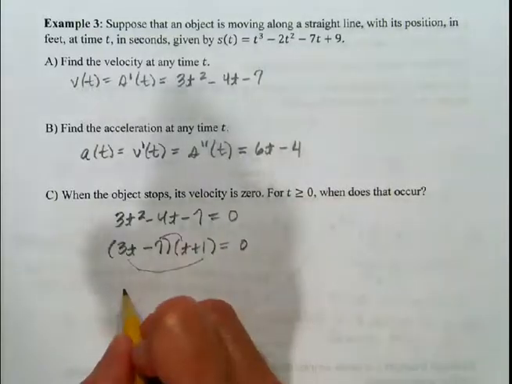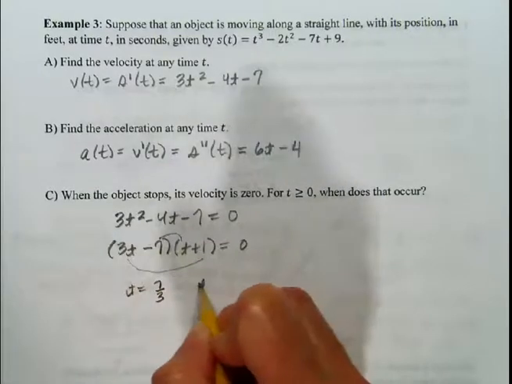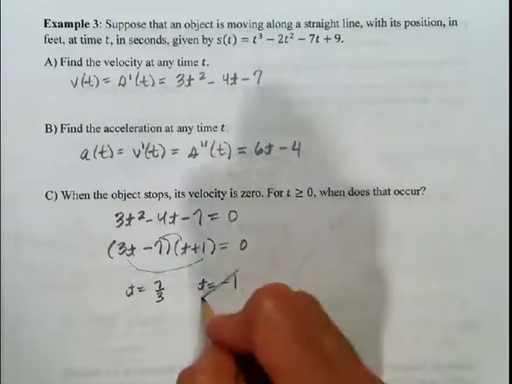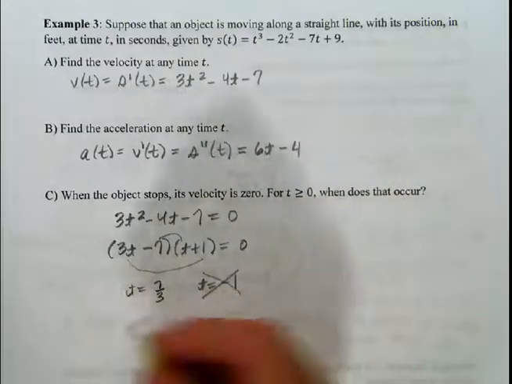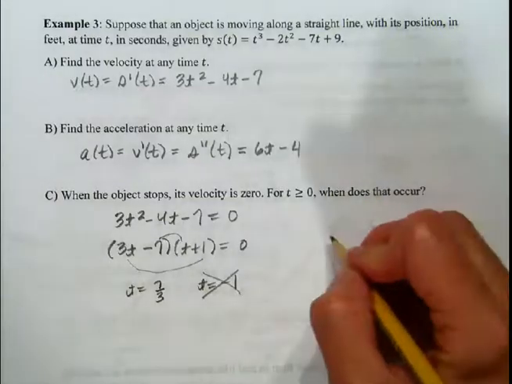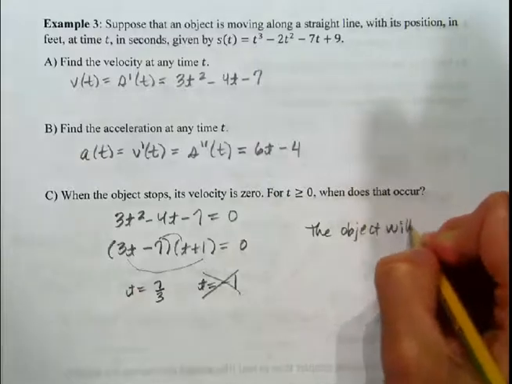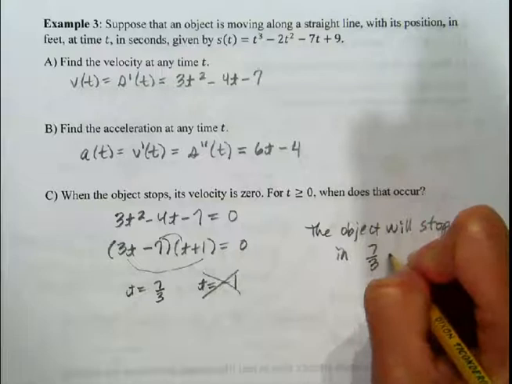Yeah, that works. So using our zero product property, I know t is 7/3 or t is -1. And of course, we're talking about time here, so that one is extraneous. So the object will stop in 7/3 seconds.